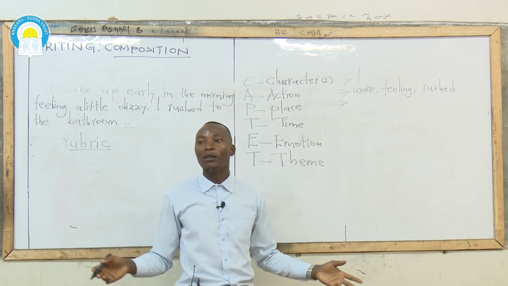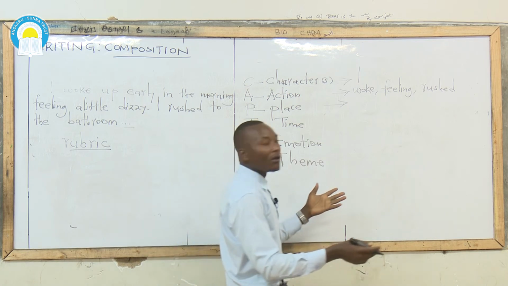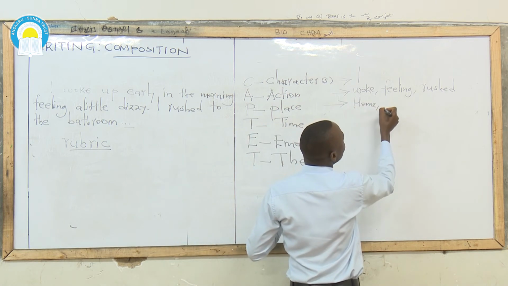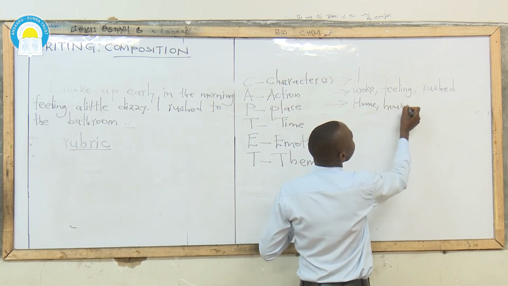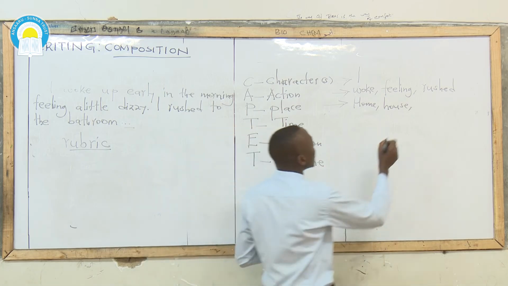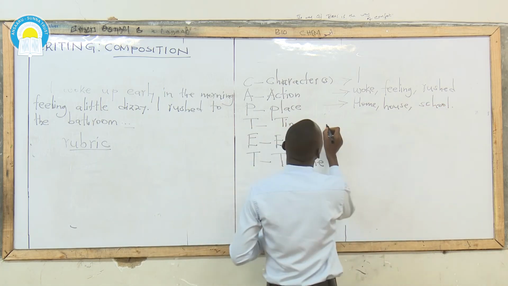That is not possible. So the place here is probably home, or you can talk about the house, or when the learner is in a boarding school, the learner woke up in school. So that's the place.